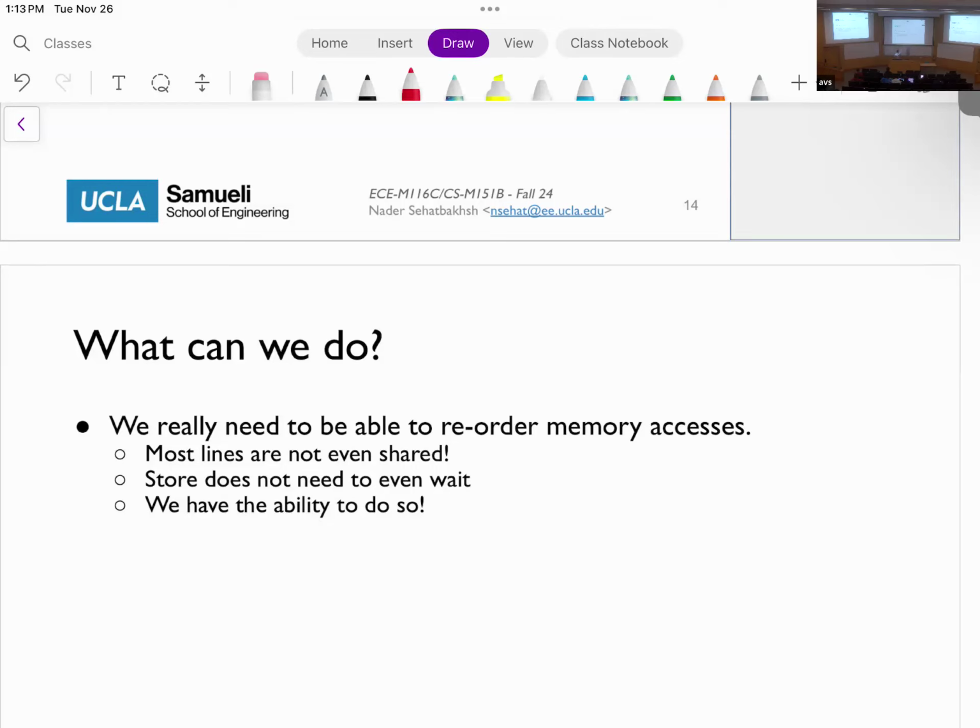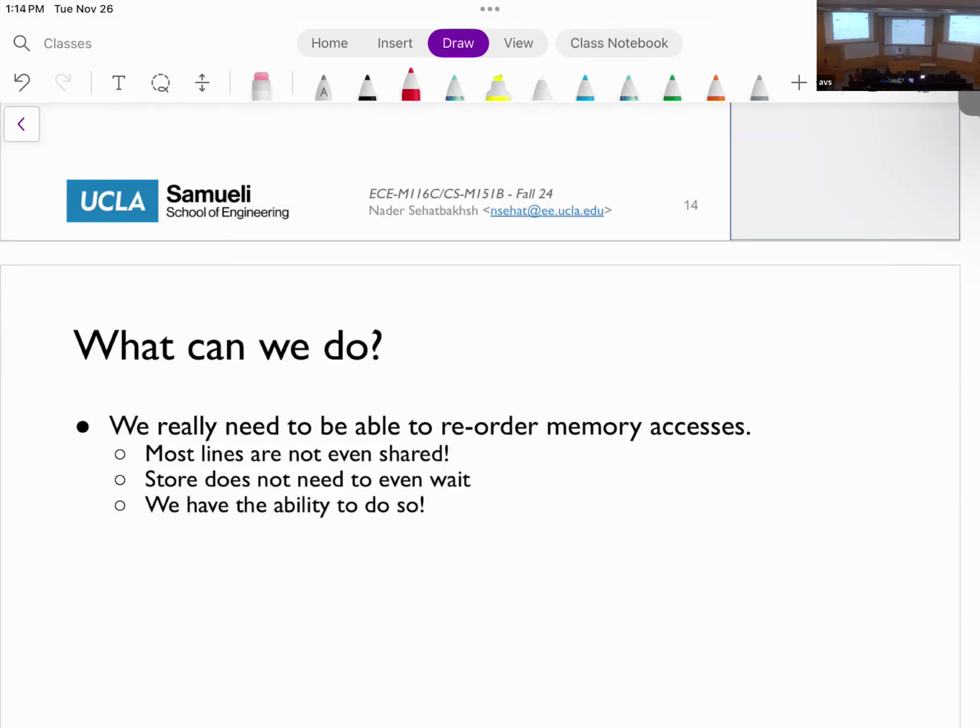Some stores don't need to wait, because they are two different stores to two different addresses. Why do I wait for one to finish and then issue the second one? And we already have the ability to do so, right? We have the load-store queues, the retire stage and reservation stations, all of that.